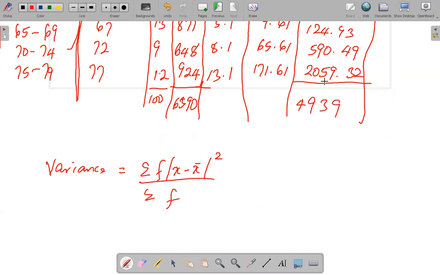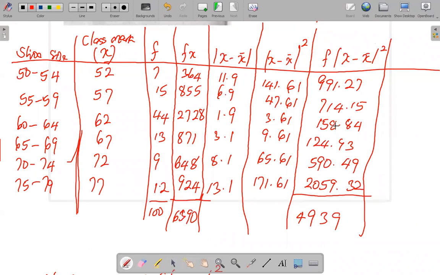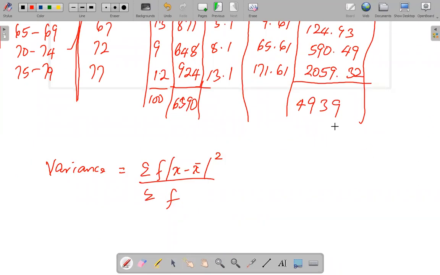So our variance will be 4,939 divided by summation F, which is 100.